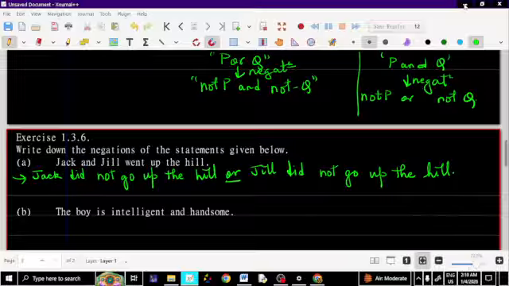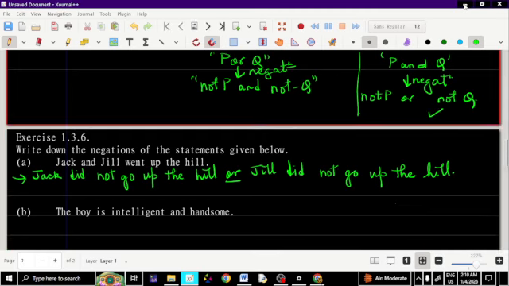Now this statement was of type 2, P and Q. So its negation will be either not P or not Q. So either Jack did not go up the hill or Jill did not go up the hill.